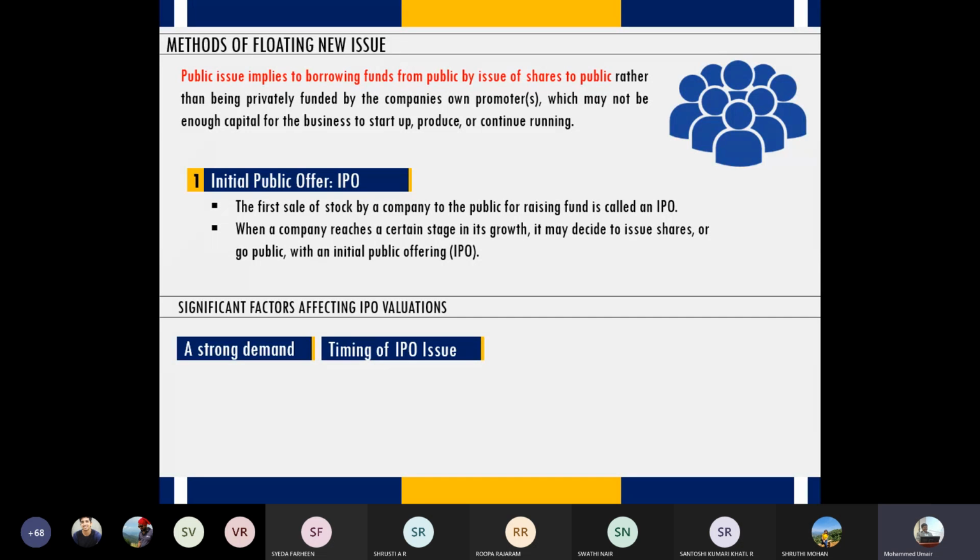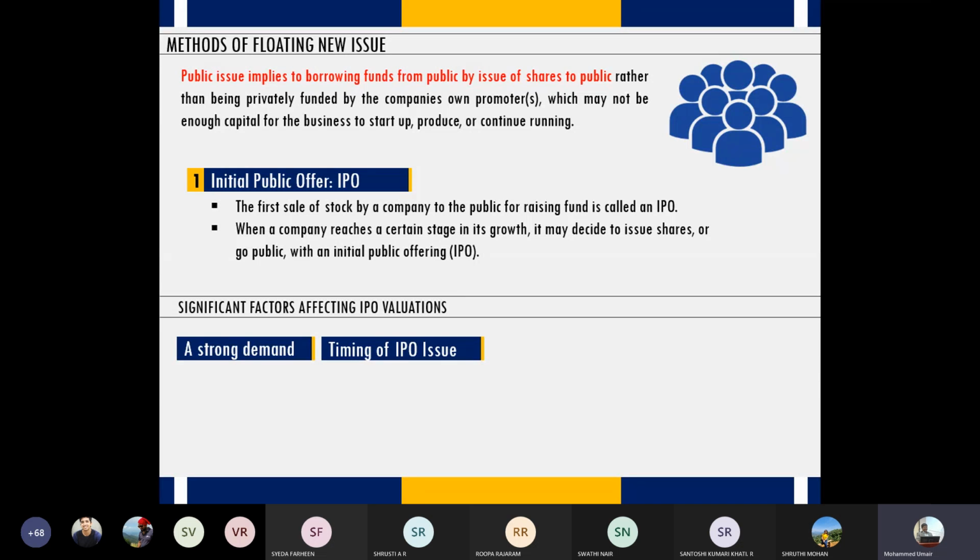Even now, the situation is bad, but at least the economy has opened up. So there is a hope that recovery will happen, right? So when we say timing of IPO issue, it means not during recession, right? Never issue an IPO when the country is undergoing a recession.